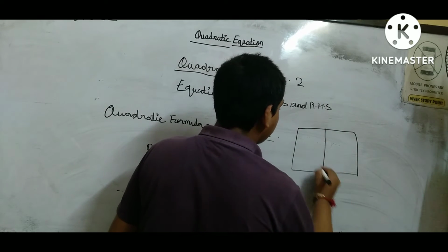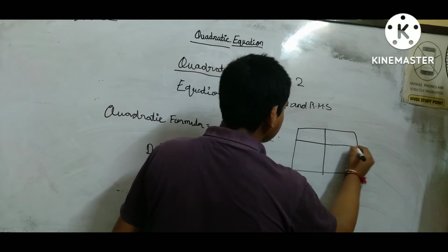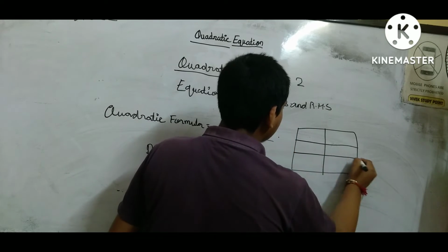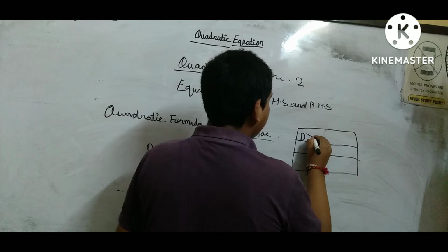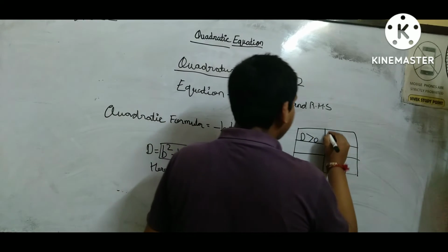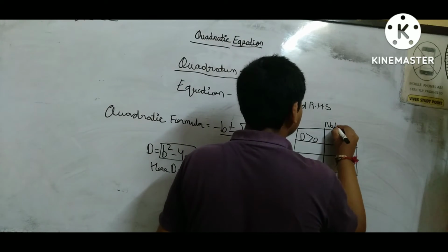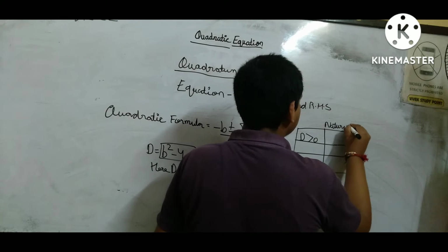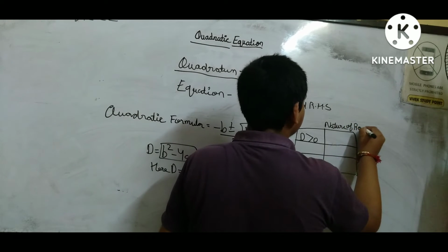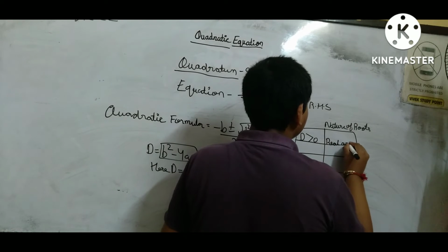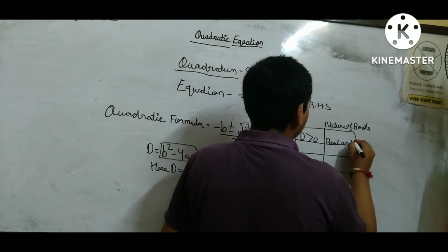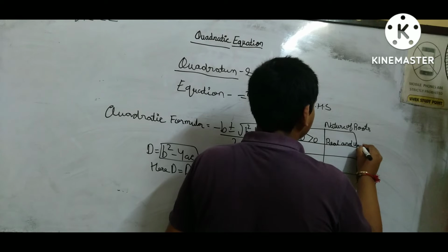Now let's prepare a table, making three columns. If D is greater than 0, then the nature of roots is real and unequal.